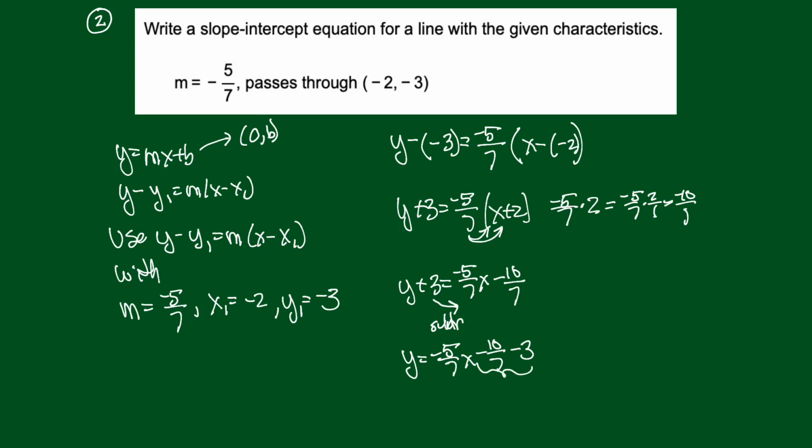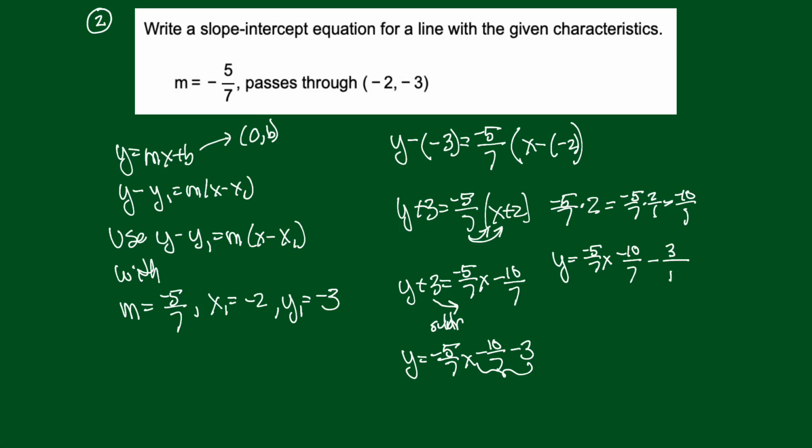Now we have to deal with this. So I'm going to get a common denominator here. I'll have y is equal to negative 5/7 x minus 10/7. Now minus, what do I have here? It's really a 3/1.